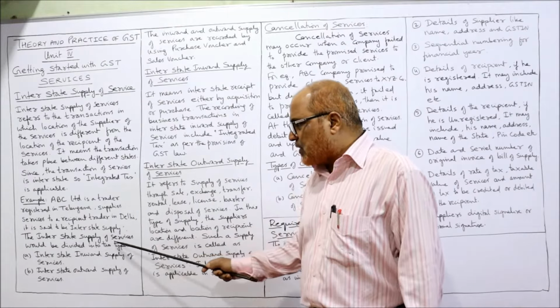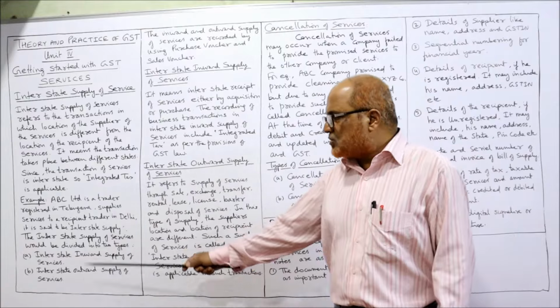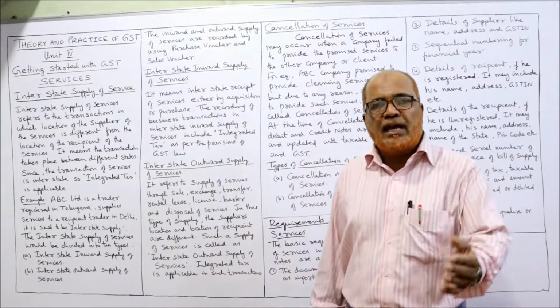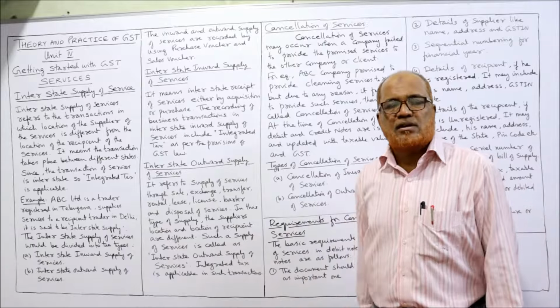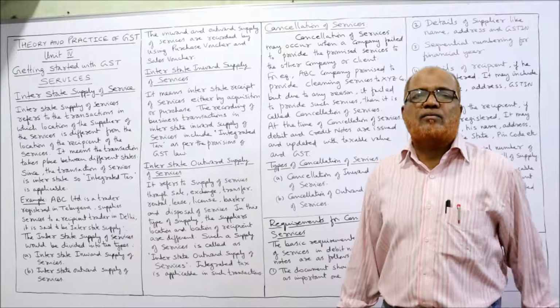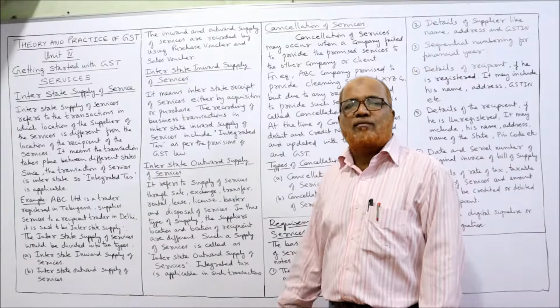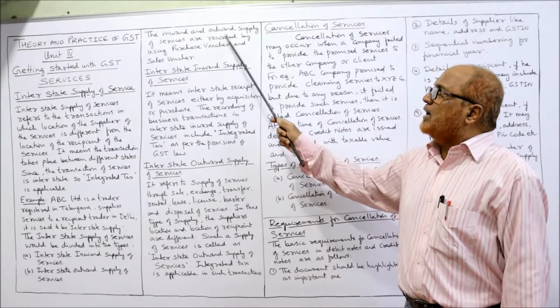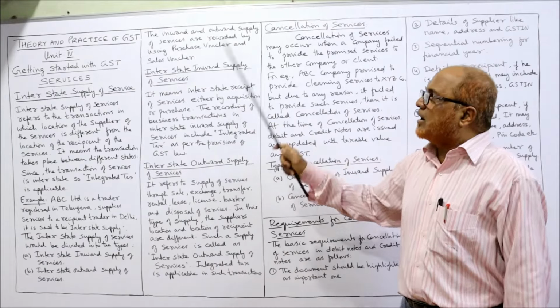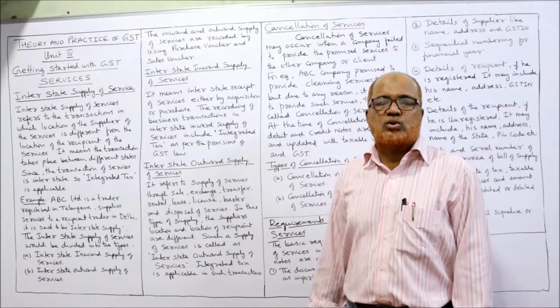The interstate supply of services may be divided into two heads. The first head is interstate inward supply of services and the second is interstate outward supply of services. So inward and outward supply of services are recorded using purchase voucher and sales voucher.